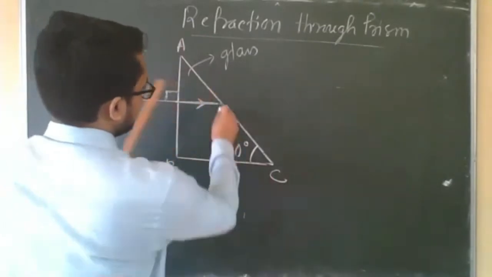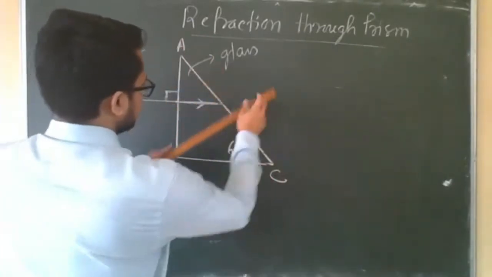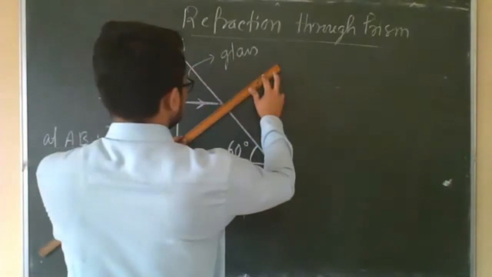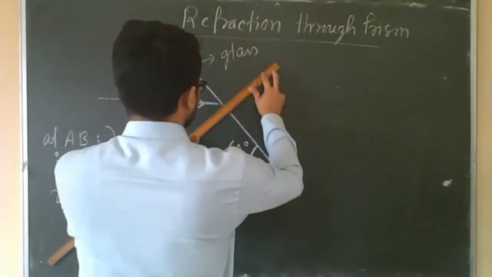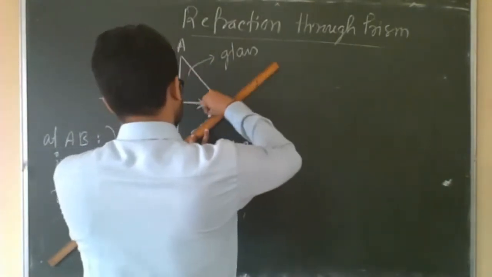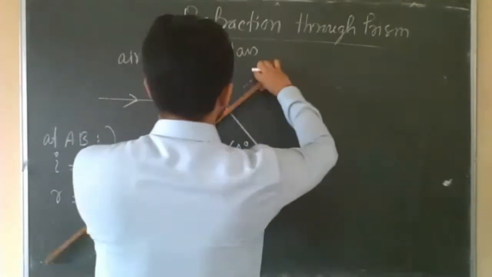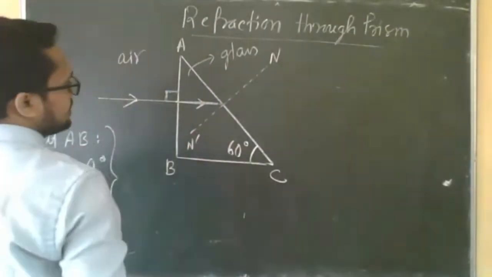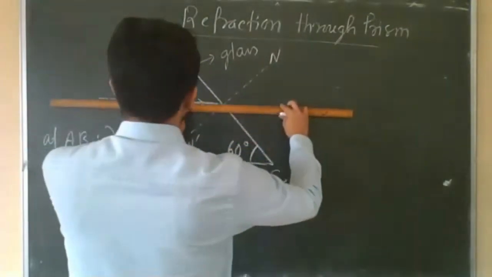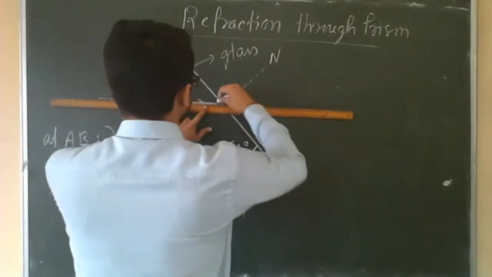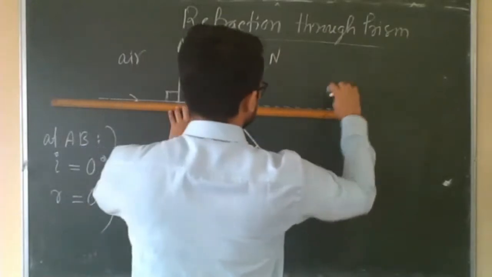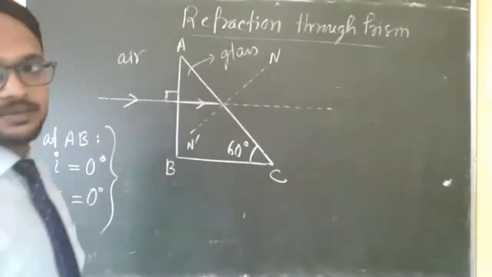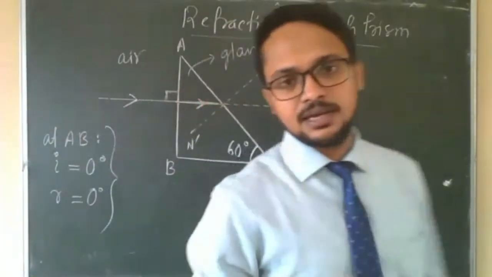Now it is incident at the AC surface. So draw the normal. Whenever it is incident at one interface, you draw the normal there. This is the normal, give the name N prime. And this is the actual path. Always draw the actual path, then you will understand how much you have to bend and in which direction.